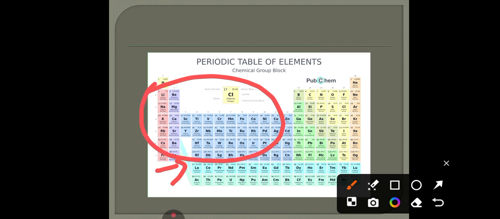If you look at their atomic number, they are very, very heavy. The nuclei of these atoms are very heavy, so that's why they are given a separate place at the bottom. Similarly, the next one, the actinide series. If you look at the actinide series also, they're again placed at the bottom because, though they are metals, they are radioactive metals.